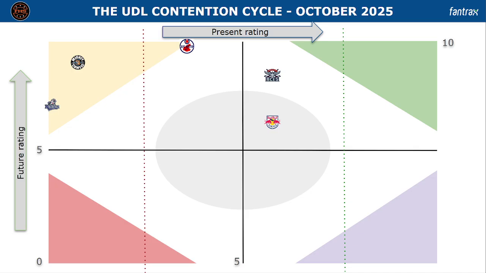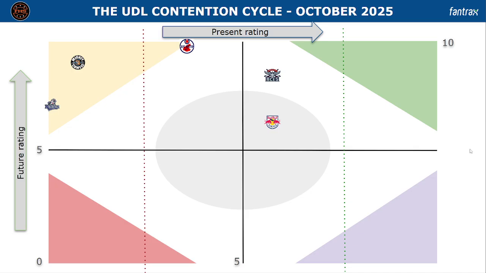But they rank pretty solid in the prospects and in the Future Now category, so that gives them a good rating for the future, and also slightly above average for the present rating. So it's not the best position. They are pretty surely a playoff team, but probably not among the contenders.